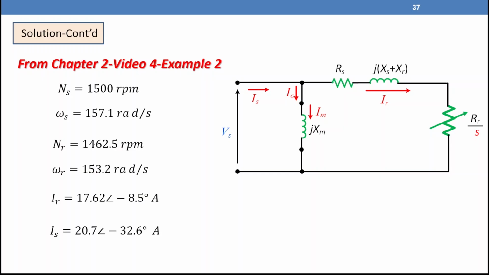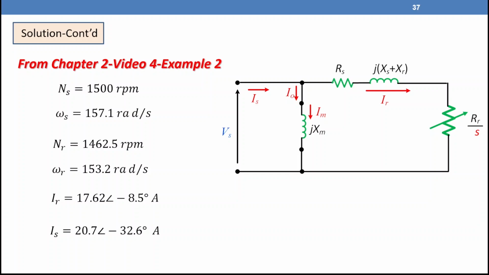Synchronous speed is 1500 RPM, omega s is 157.1 radian per second. Rotor speed is 1462.5 RPM, and omega r is 153.2 radian per second. Rotor current is 17.62 at angle minus 8.5 degrees, and stator current is 20.7 at angle minus 32.6 degrees.